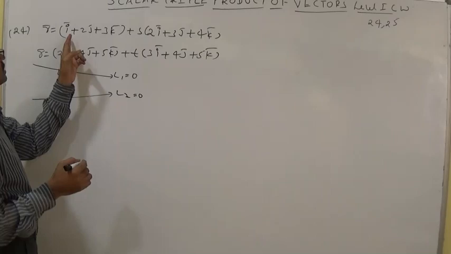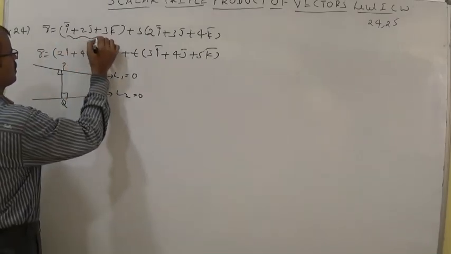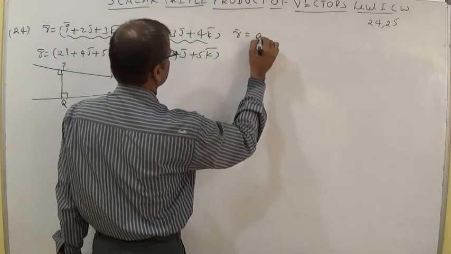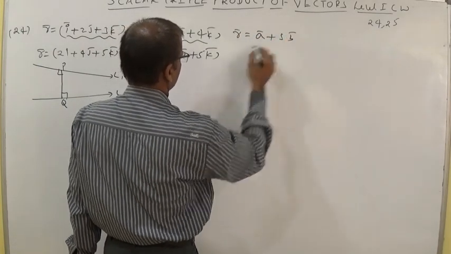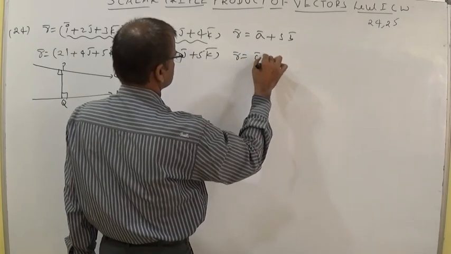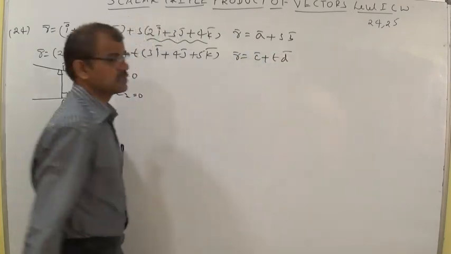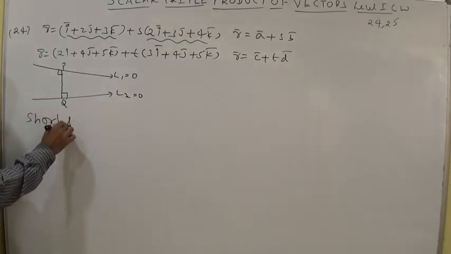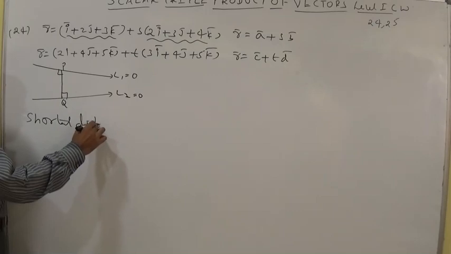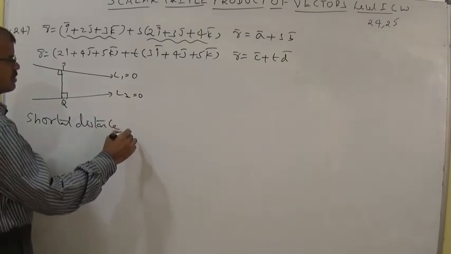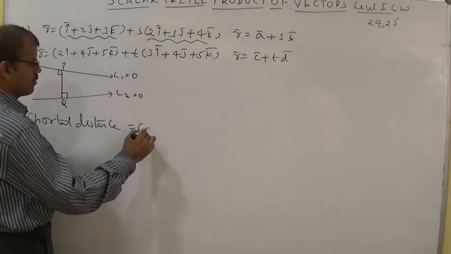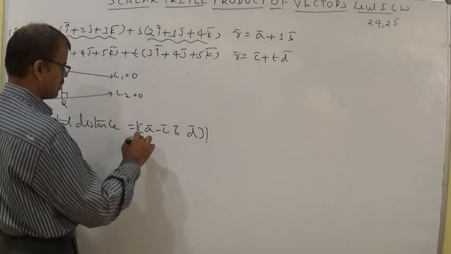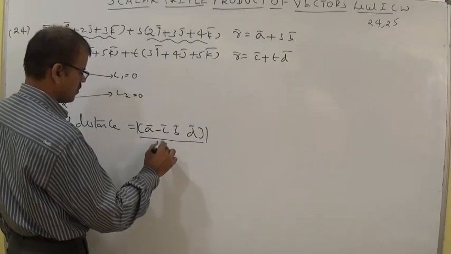The equation is in the form r bar equals a bar plus s b bar, and the second is r bar equals c bar plus t d bar. The formula we discussed yesterday for the shortest distance between skew lines is the modulus of box of a minus c, b, d by modulus of b cross d.